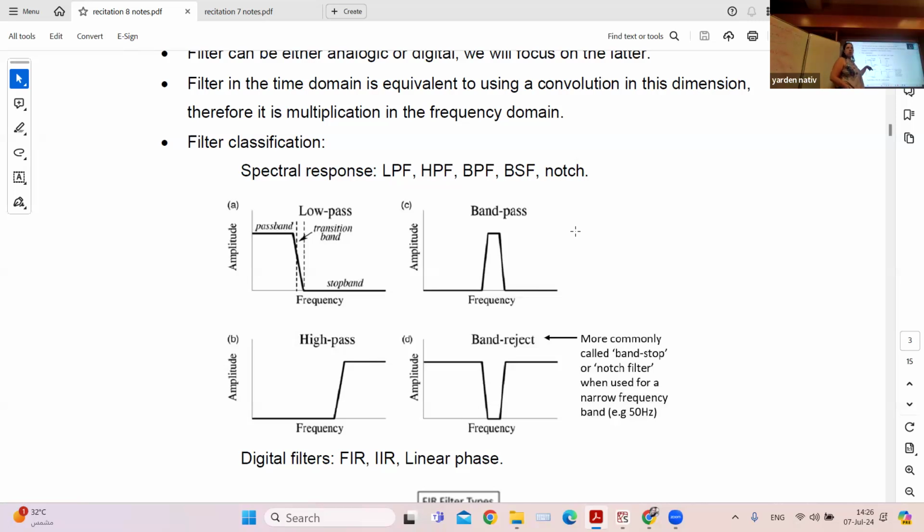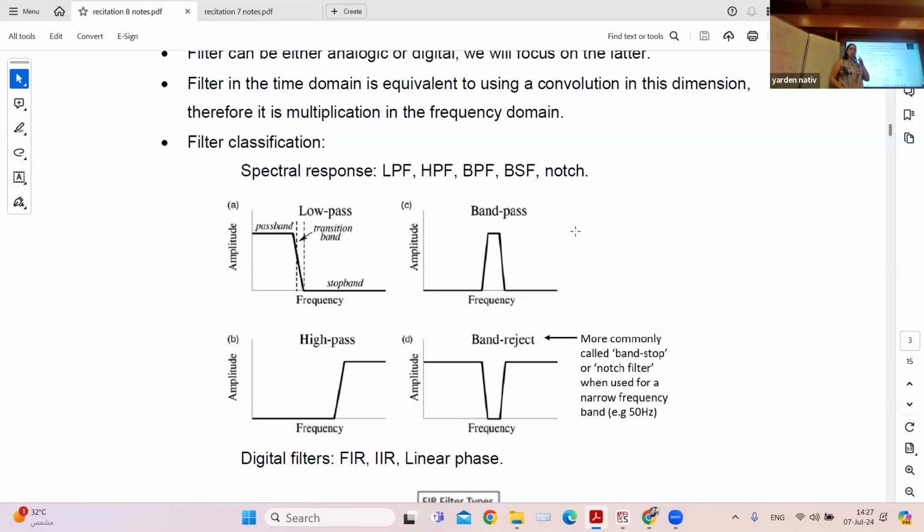Now we will talk in a minute about the transition, because the transition is very, very important. As you can see here, in all the filters you don't have a straight line, right? What happens on a straight line?